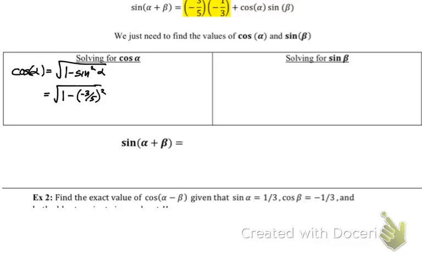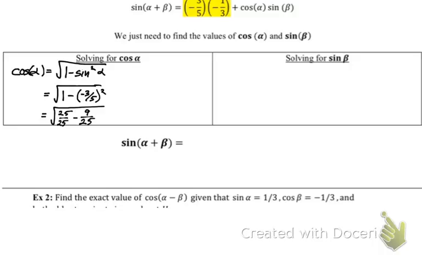We just got to simplify this. What I always do with these: do you see that the denominator is going to be 25, because it's 5 squared? Do we all see that? I'm just going to turn my 1 into 25 over 25 just to save me an extra step. So I'll write 25 over 25 minus negative 3 squared, which is 9 over 25. Negative 3 times a negative 3 is a positive.